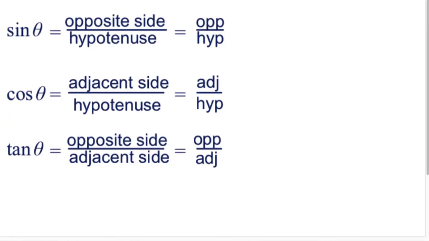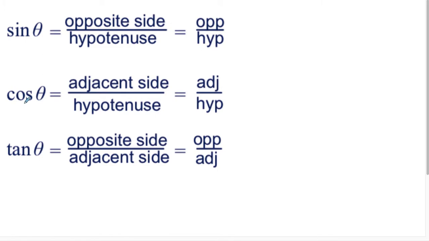We begin trigonometry by identifying the three trigonometric ratios. Using these trigonometric ratios means that we are comparing two sides of the triangle based on the angle. The definition of sine of an angle is the opposite side, the numerator, over the hypotenuse.